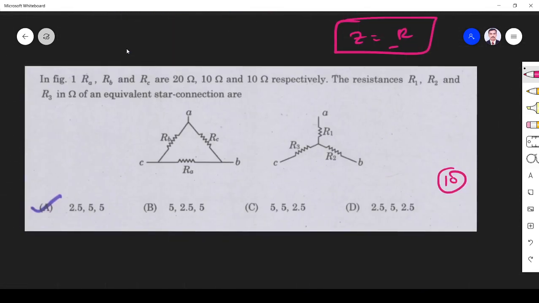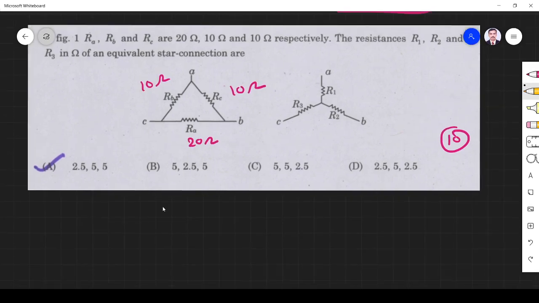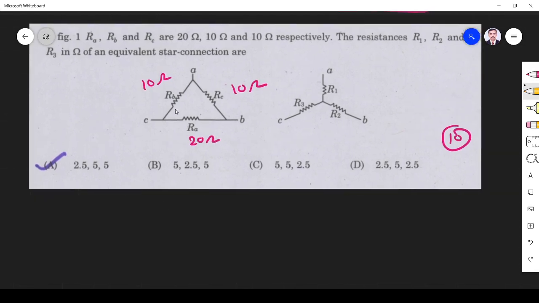Okay, the next question is in the figure 1, RA, RB and RC are 20, 10 and 10 ohm respectively. The resistances R1, R2, R3 are, right? So what is R3? R3 is this one they are giving. Whenever I want to find this resistance, it is the equivalent star.